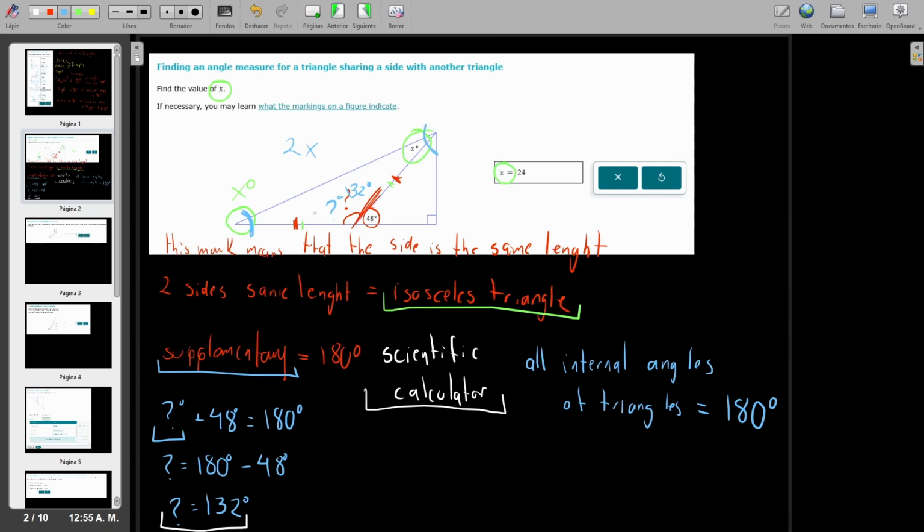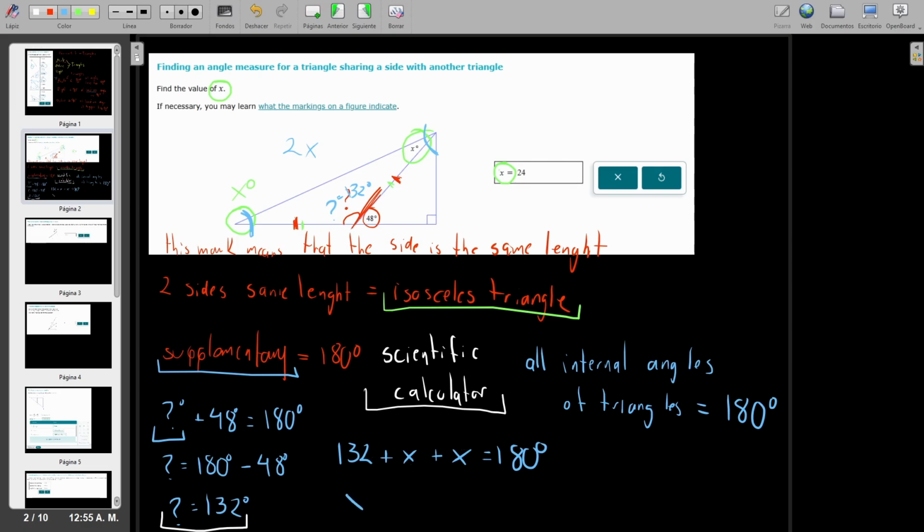How can we write that? Remember, all internal angles of triangles add up to 180 degrees. So 132 plus x plus x is going to be equal to how much? Yes, 180 degrees.